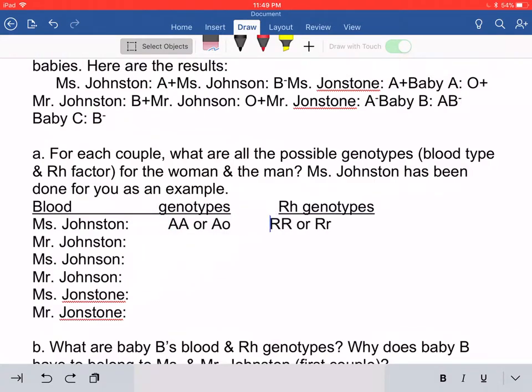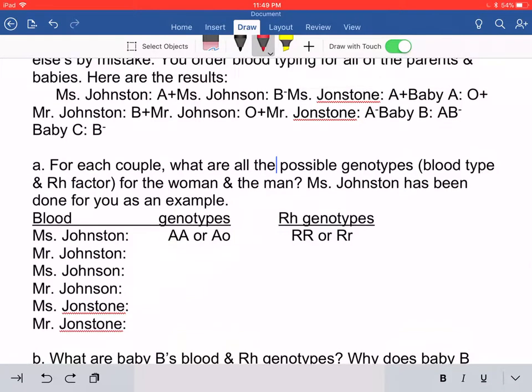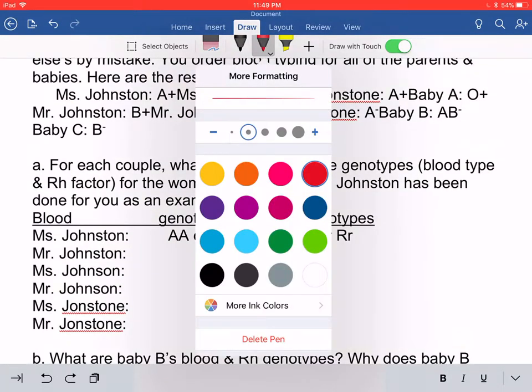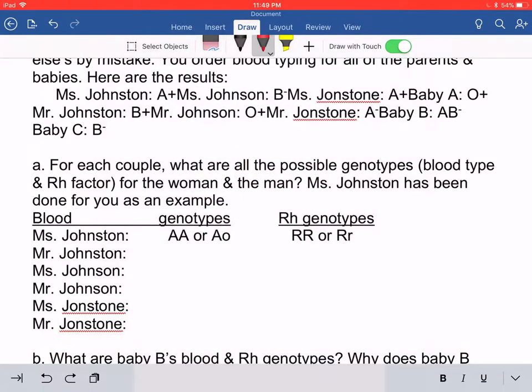Okay, so when we see Miss Johnston, we know that Miss Johnston is A for the blood group and is positive. So from this information, we know that there are two potential genotypes that are going to create that A blood group and that positive Rh genotype, because A is dominant over O and big R is dominant over little r.